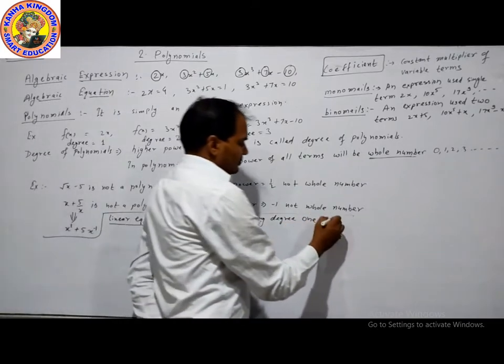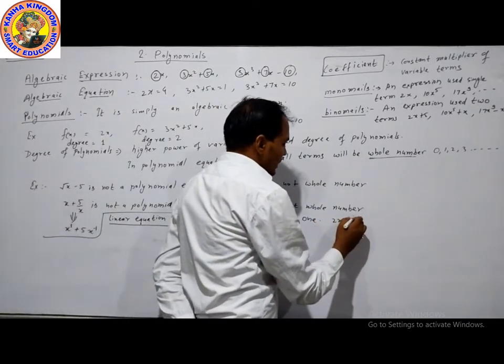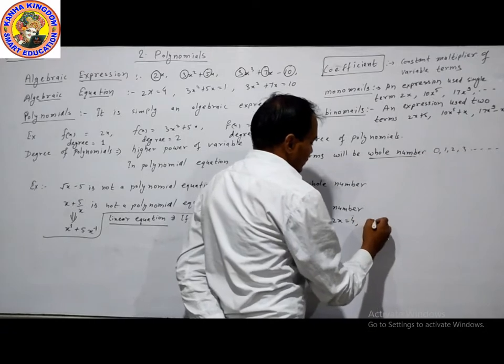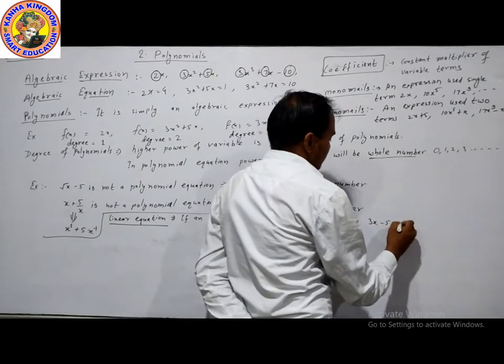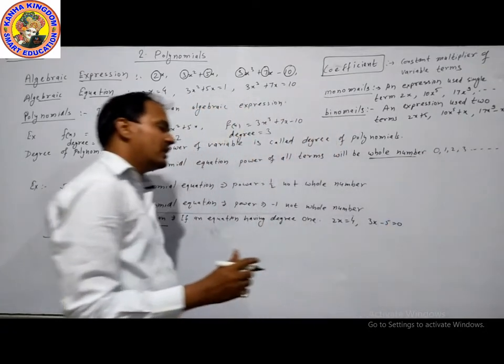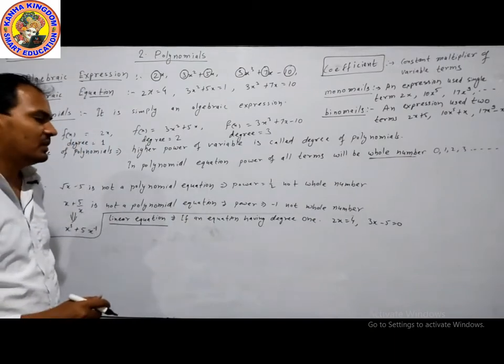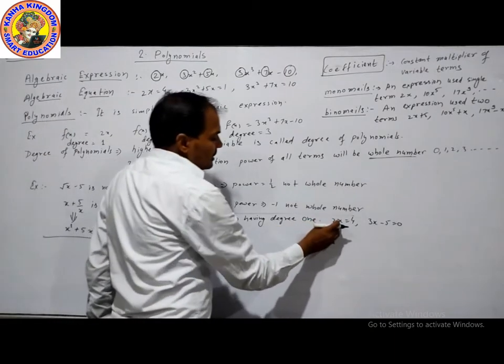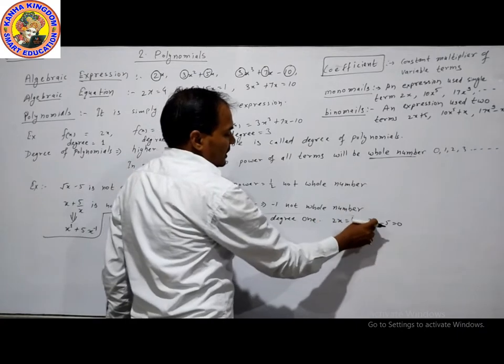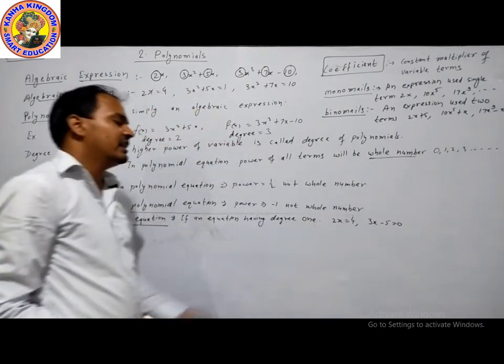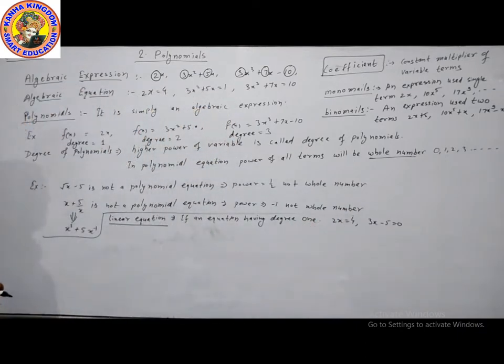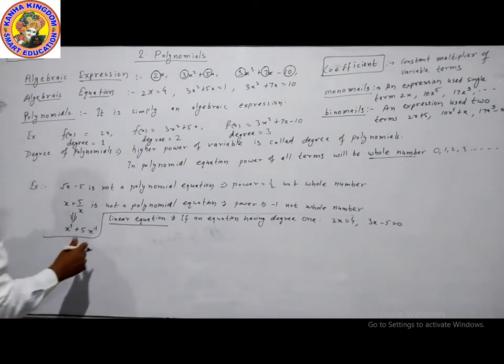For example, 2x is equal to 4, 3x minus 5 is equal to 0. These are our examples of linear equations. Here the power of x is equal to 1, so the degree is 1. If an equation has degree 1, it is called a linear equation.